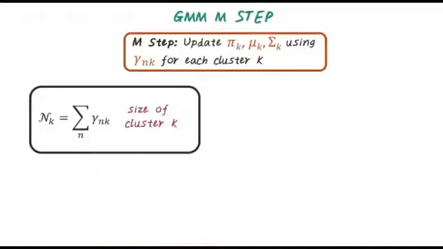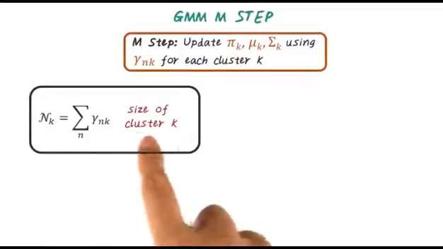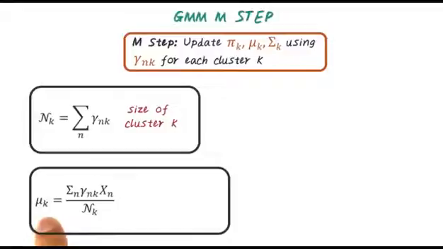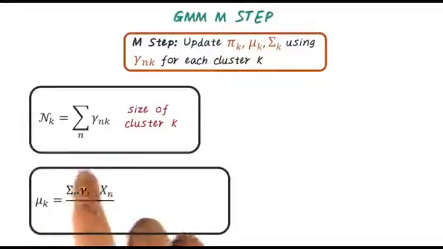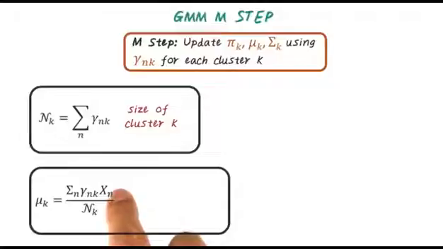And intuitively, nk is the size of cluster k. Then we calculate mu k, which equals the weighted sum of all the data points in cluster k divided by nk, the size of cluster k. Intuitively, mu k is the center for cluster k.